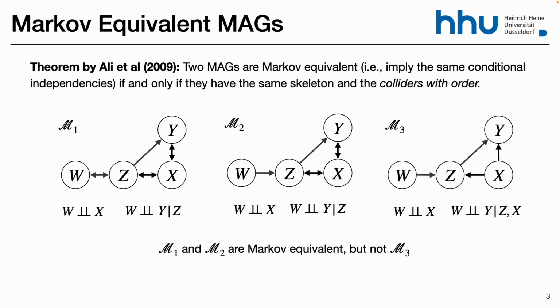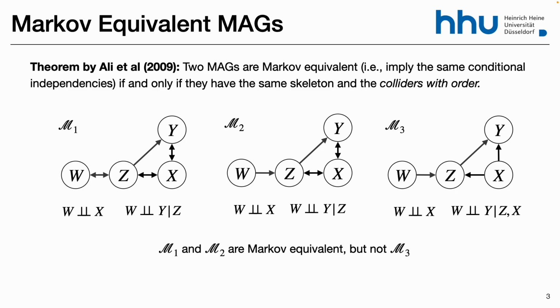The theorem is kind of similar, but we will have a difference. Two MAGs are Markov equivalent, or they imply the same conditional independencies, if and only if they have the same skeleton, same as before, and the same colliders with order.